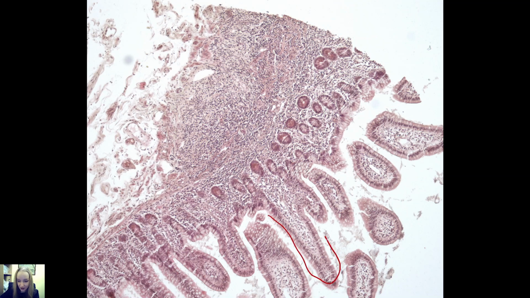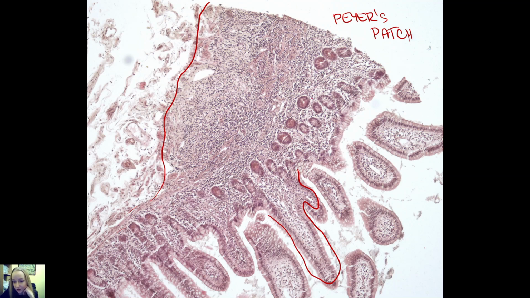These are the villi of the ileum, and you can see in the mucosa there is this part. This is a small part of a Peyer's patch. I'm going to write it down. Peyer's patch, something like this probably. And that is an accumulation of lymphatic tissue in the mucosa and the submucosa of the ileum.